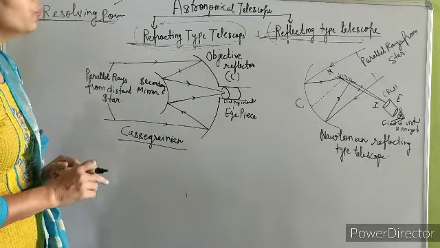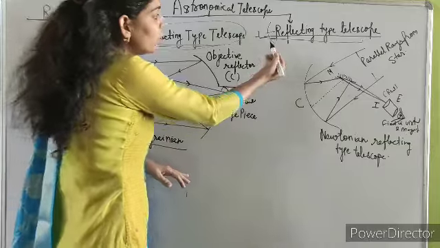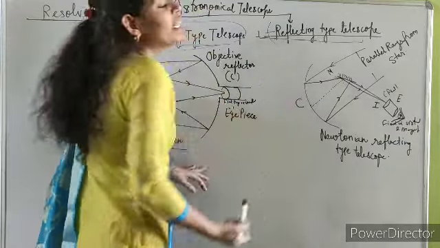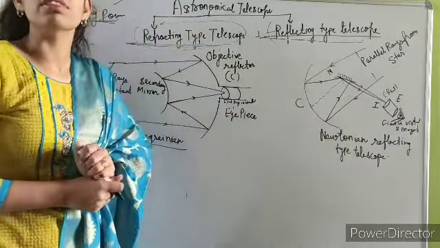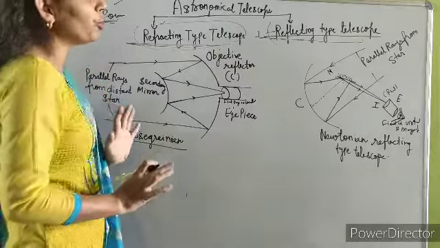Students, I want to tell you, initially the reflecting type of telescope was designed by Newton. This is a theory topic only.